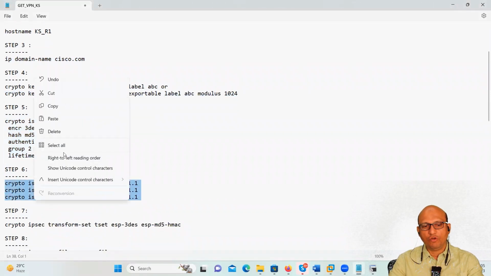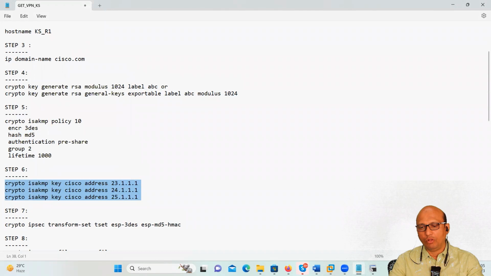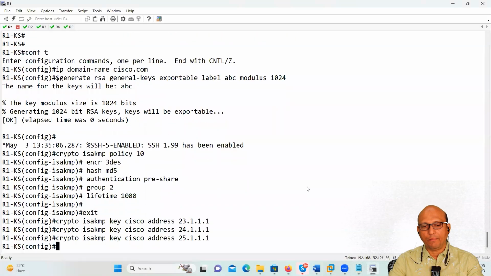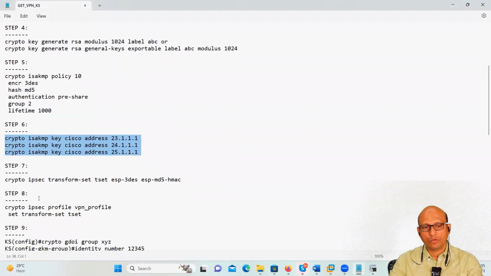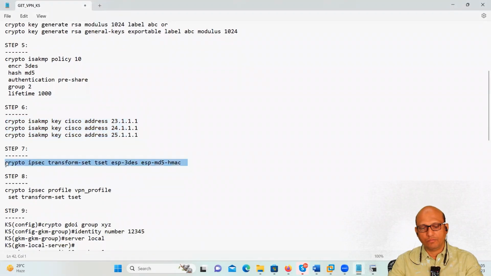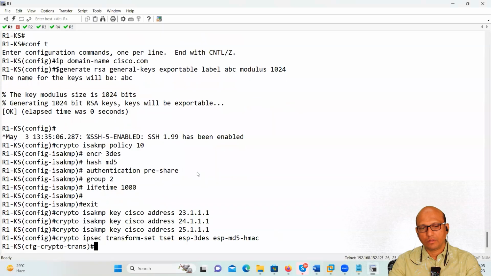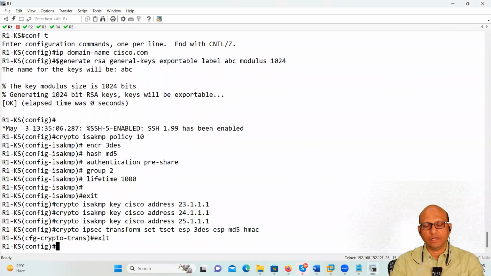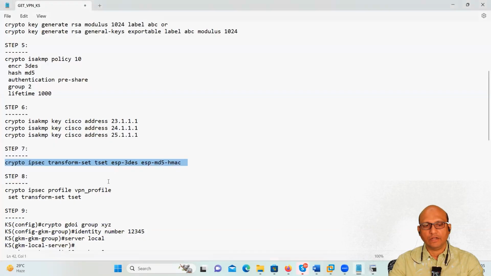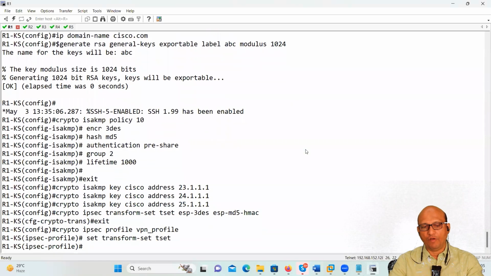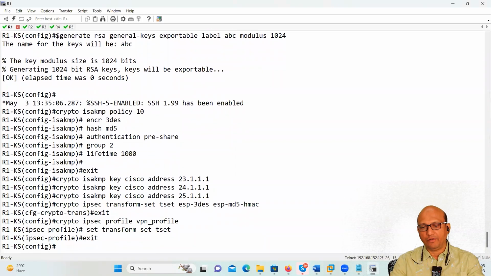I made a provision of authenticating all my spokes, all my group members with key Cisco, making a transform set. You know what is transform set? I explained it in site-to-site VPN. Created a profile, IPsec profile, and I called the transform set.